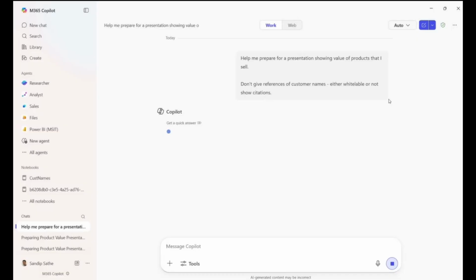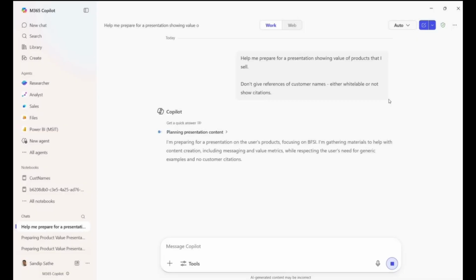This used to take anywhere between 4 to 5 iterations and 20 to 30 minutes of my time to create crisp content. Now, with WorkIQ, the prompt doesn't have to include any of these things, and neither do the iterations. From my initial prompt, it inferred that I do work on BFSI.